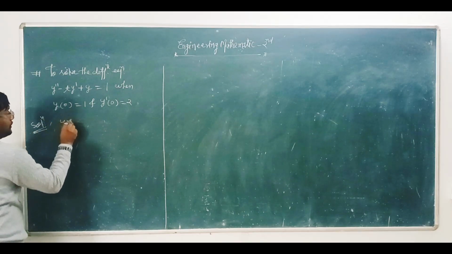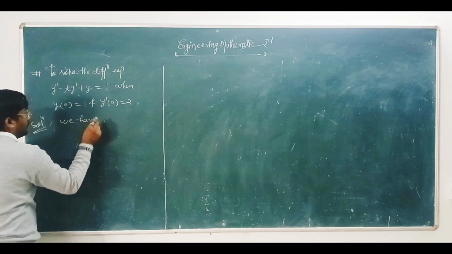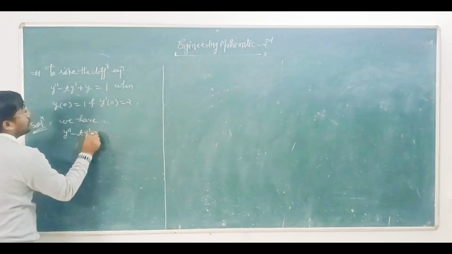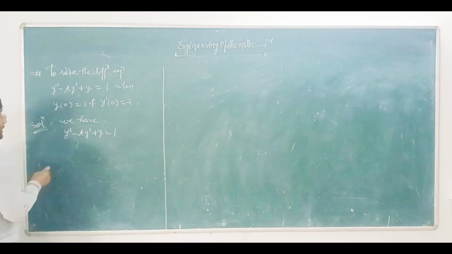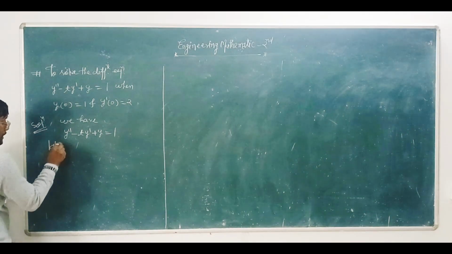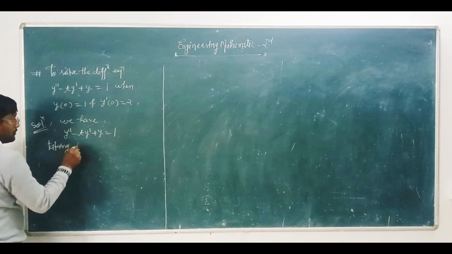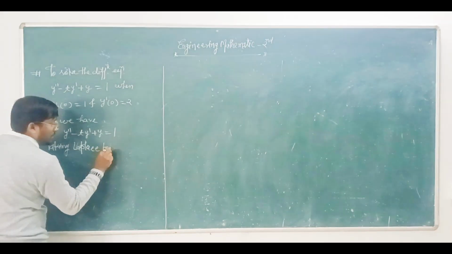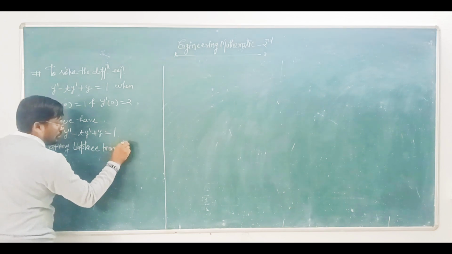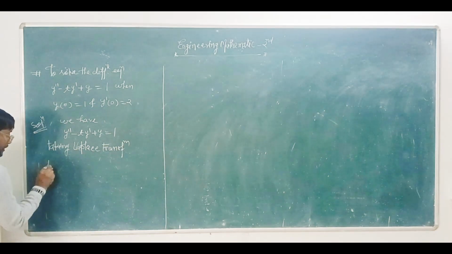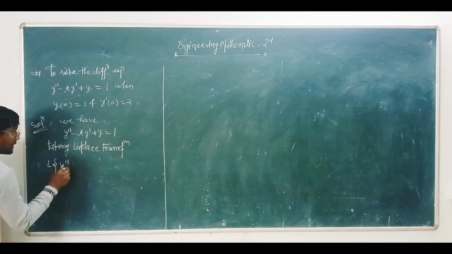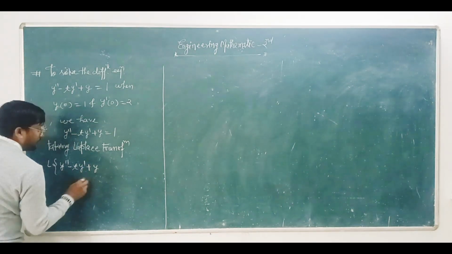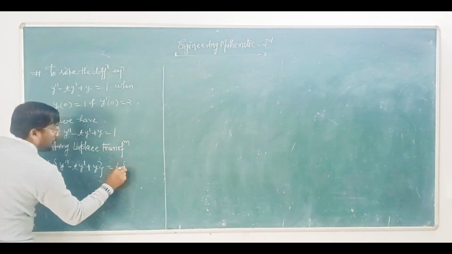We have y double dash minus t y dash plus y is equal to 1. Taking Laplace transformation on both sides, you can write Laplace of y double dash minus t y dash plus y is equal to Laplace of 1.